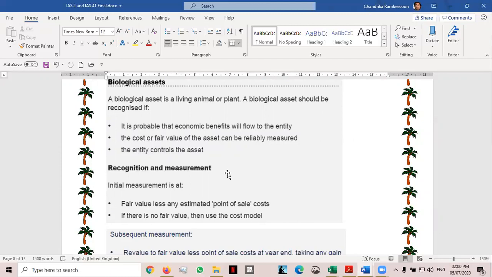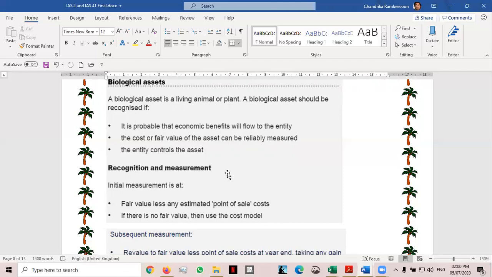Recognition and measurement. Initial measurement is at fair value less estimated point of sale cost. If there is no fair value, then use the cost model. Any asset that falls under IAS 16 must be initially recognized at cost, and then subsequently the cost or revaluation approach may be used.